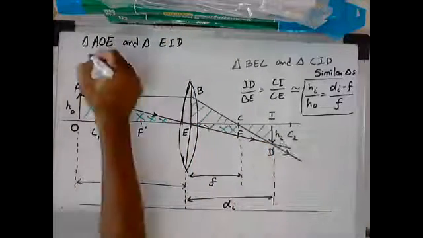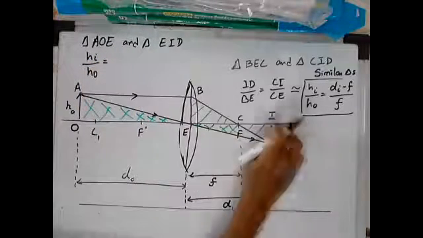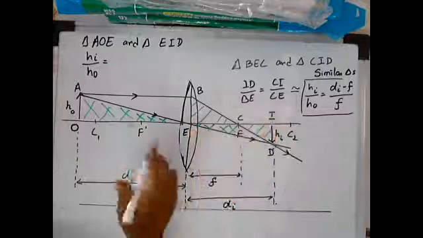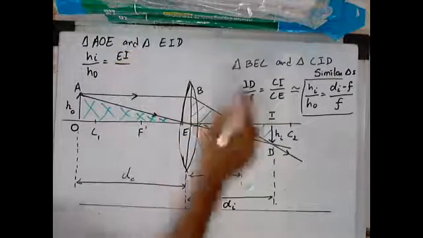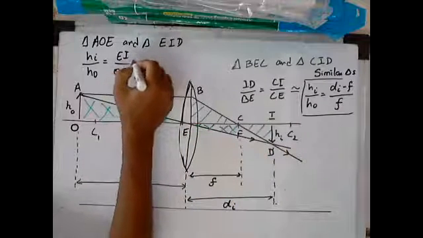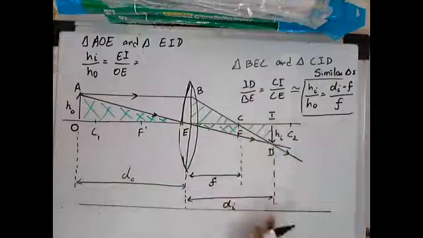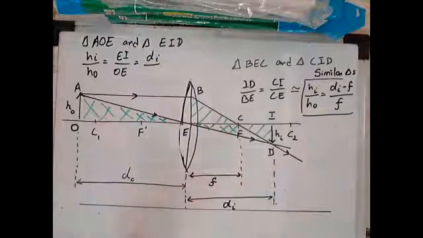So there again, HI upon HO will be equal to the ratio between EI and OE, which can then be written as EI is DI and OE is DO.